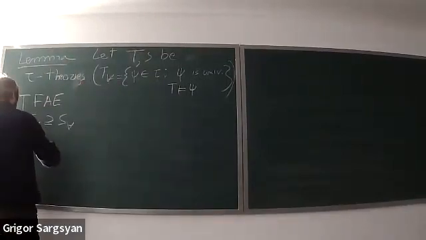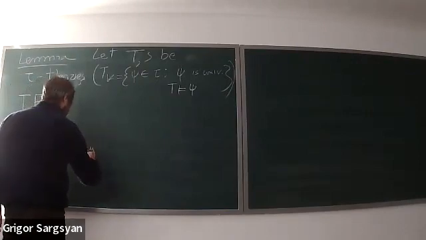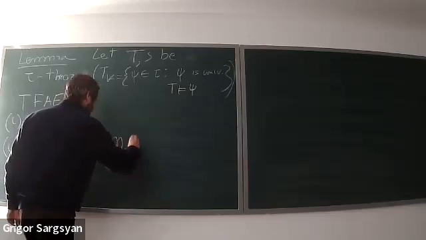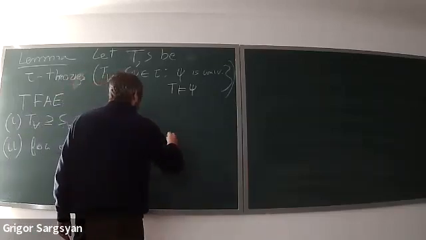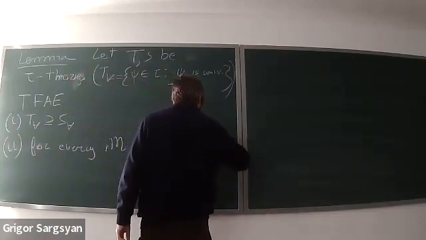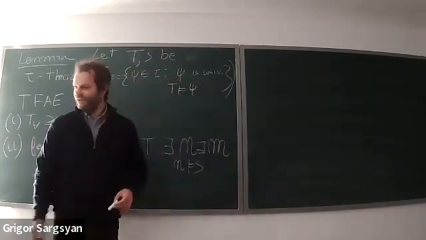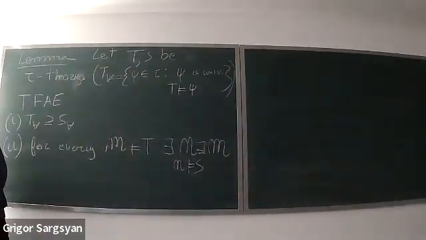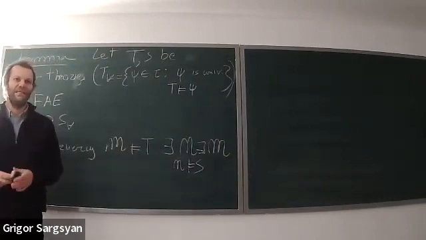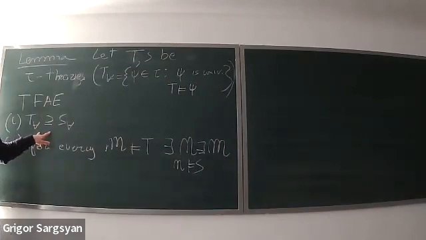Two: for every M which models T, there exists N, a superstructure of M, such that N is a model of S. So this theorem is saying that if you start from a model of T, you can enlarge it and make it a model of S. And the request is that there is agreement on the universal fragment. So essentially, there are more universal sentences true here than there are here.